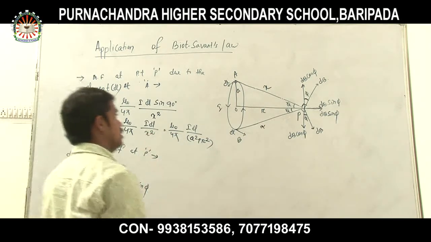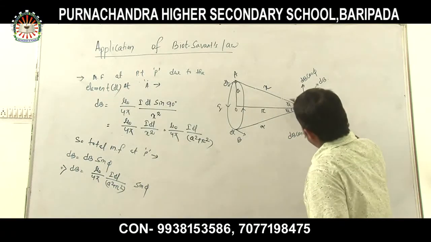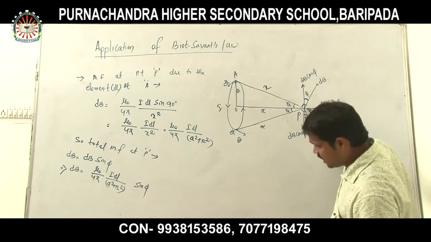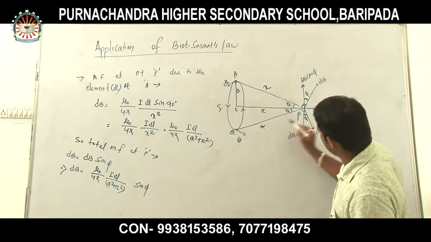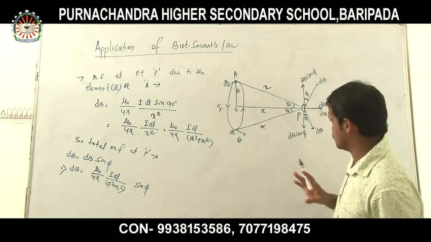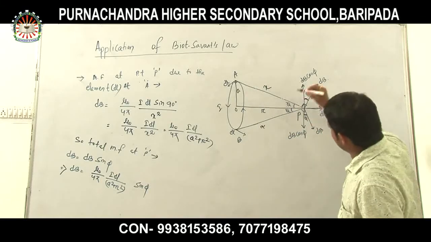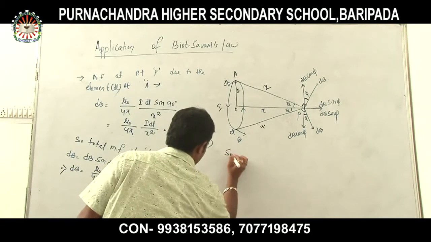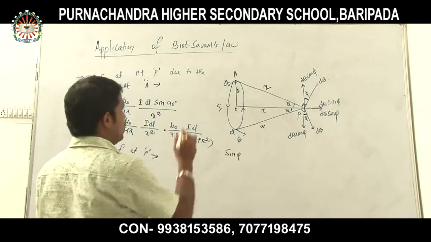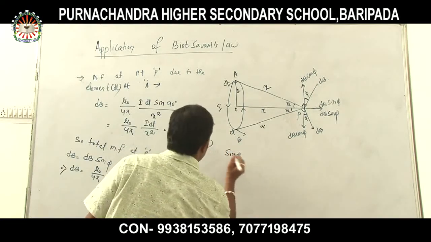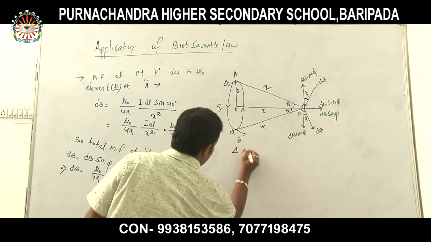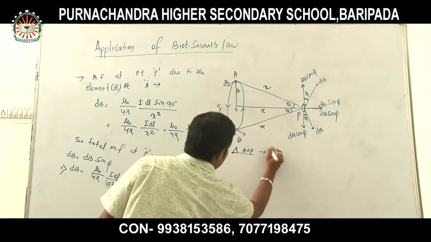Now what is the value of sin phi? Let us put the value of sin phi. Look at this, either you can take triangle AOP or triangle BOP, whatever it is. So let us take triangle AOP. If this is the angle phi, then what is sin phi in triangle AOP?